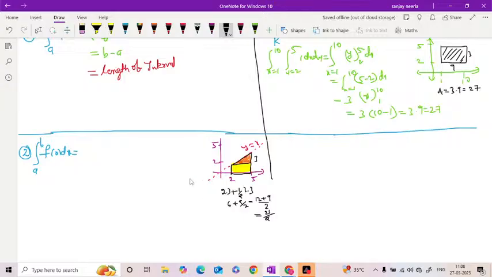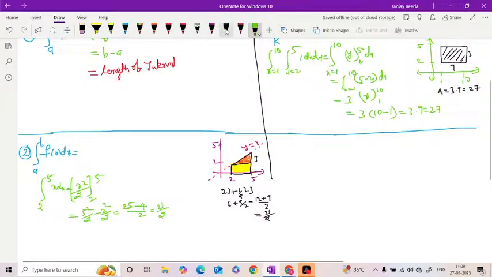Now from the formula also we will solve. Integral, x values are 2 to 5, and x into dx is equal to x square by 2, limits from 2 to 5, so 5 square by 2 minus 2 square by 2, so 25 minus 4 by 2 will get 21 by 2.